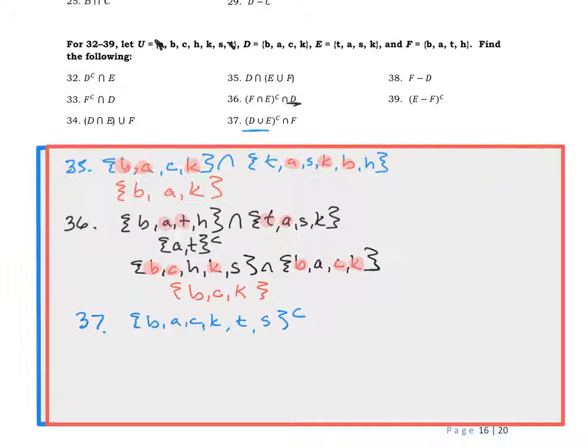And again, I want the complement of that. So we're going to go ahead and get rid of the B, the A, the C, the K, and the T and the S. Looks like the complement of that, all I have left is the H.